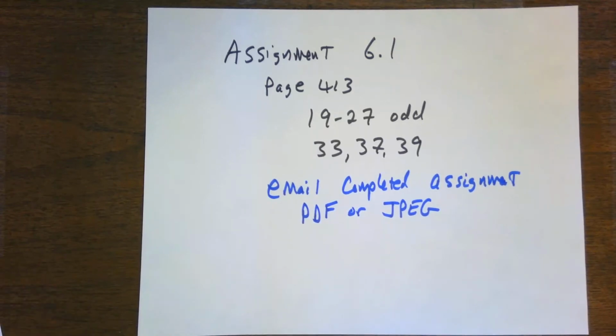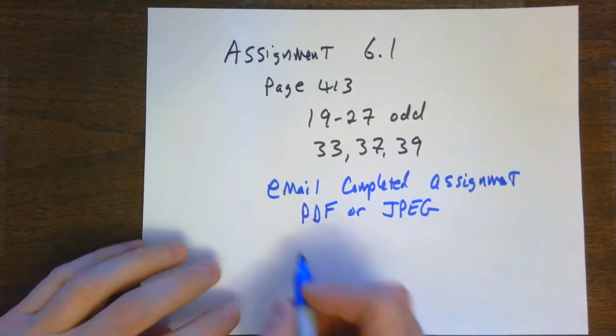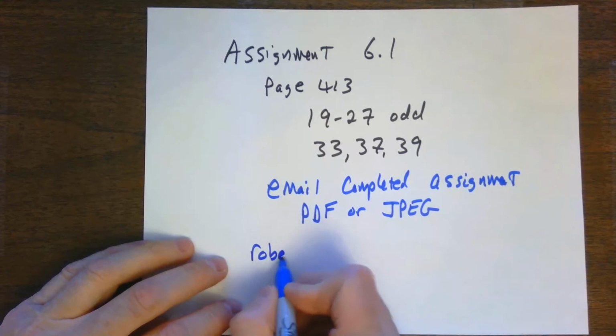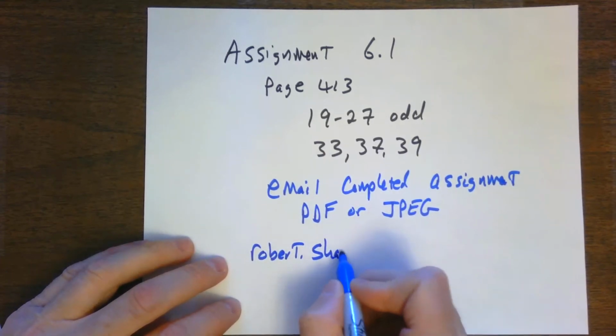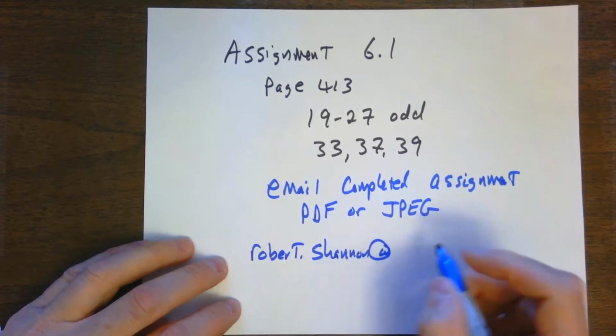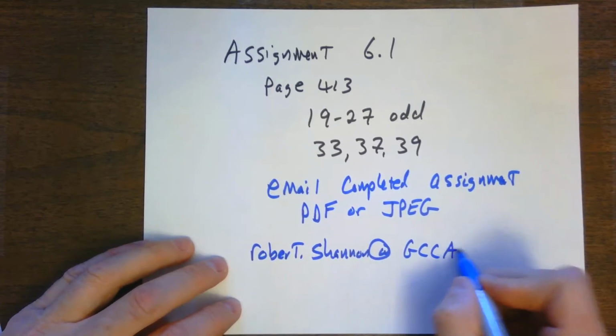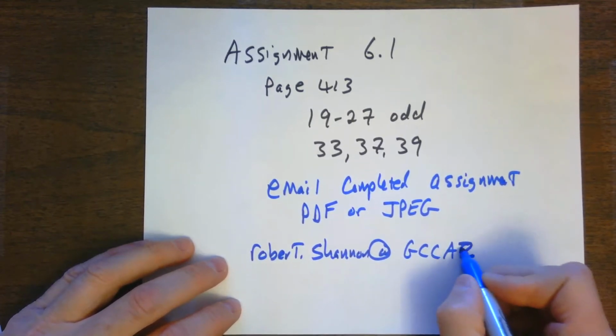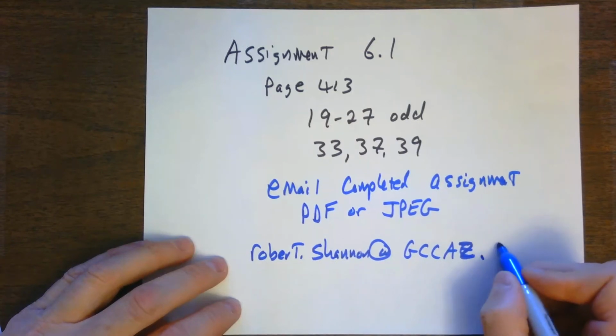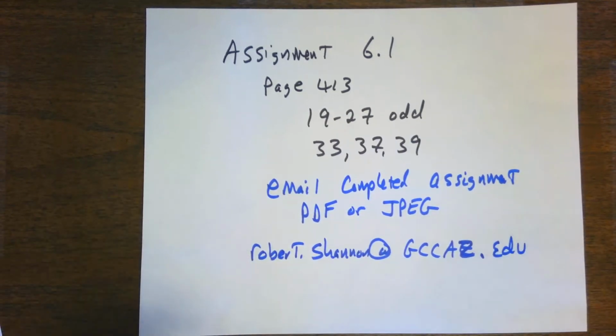You can either shoot me an email in Canvas, or you can send it directly to robert.shannon@gccaz.edu. And then I will be grading these assignments and putting them in, so the grades will continue from here with these assignments.